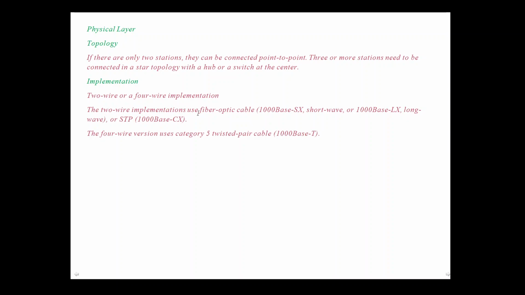Two wire implementation uses fiber optic cables. The four wire version uses category 5 twisted pair cables. Two wire implementation uses fiber optic cable or STP, that is shielded twisted pair cables.